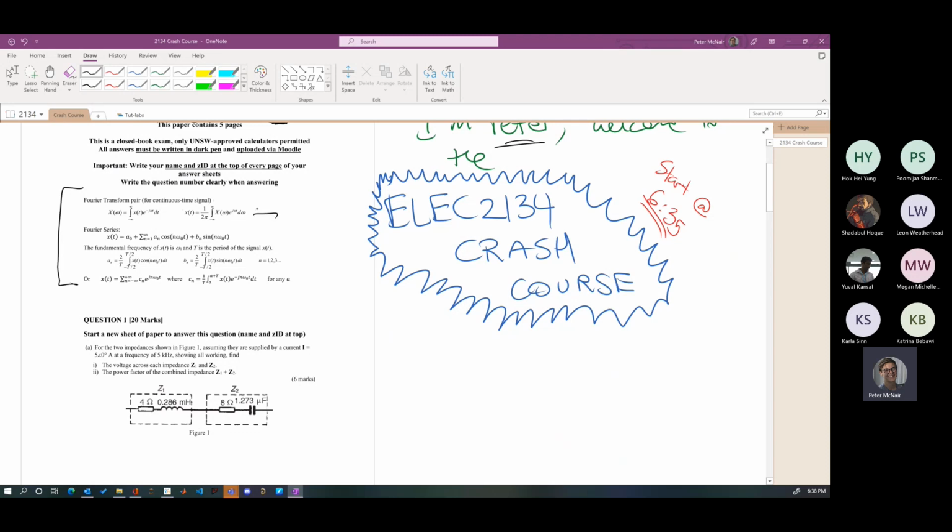It's essentially our Fourier transform pair, the Fourier series, which we might use, and also a way to derive each of these coefficients an and bm. There's also the complex Fourier series and determining the coefficients, which we might use for some derivations, but in practice we normally stick with an and bm.